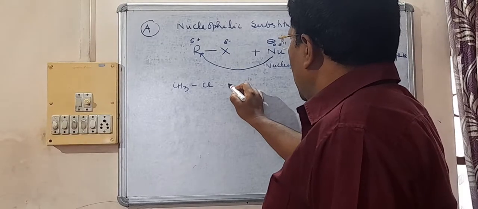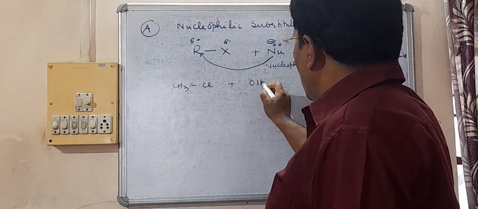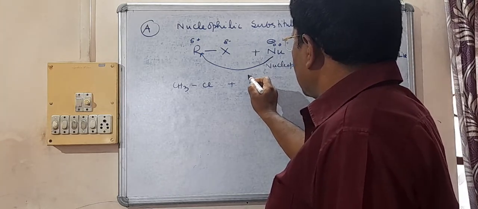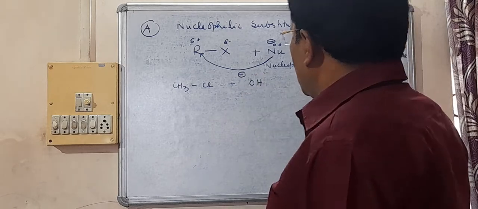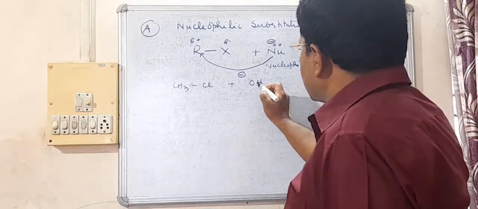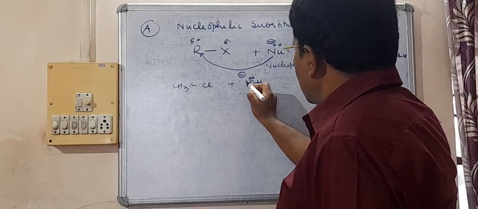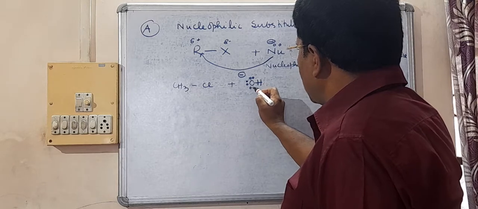Now I am explaining it with a particular example. Suppose we have this compound CH3Cl and we have a nucleophile OH minus. This is a covalent bond, and oxygen has 3 pairs of electrons.